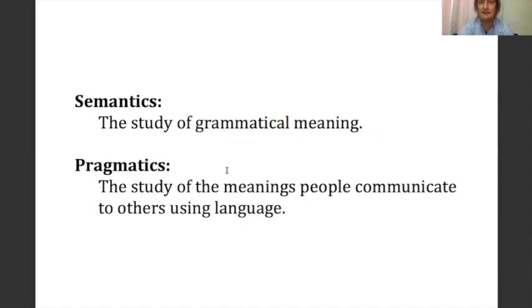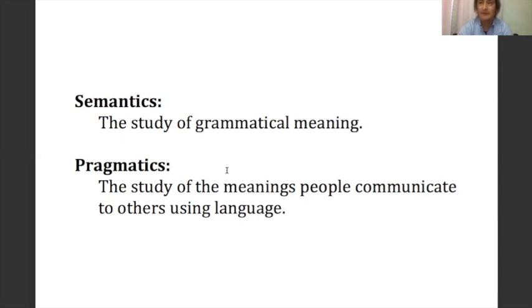Semantics is the study of grammatical meaning. It's the meaning that the words give you literally. The meaning that you end up with may not be something that you want to communicate, but those are the words that you have, and that's what they give you. Pragmatics is a study of the meanings that people communicate to others using language.